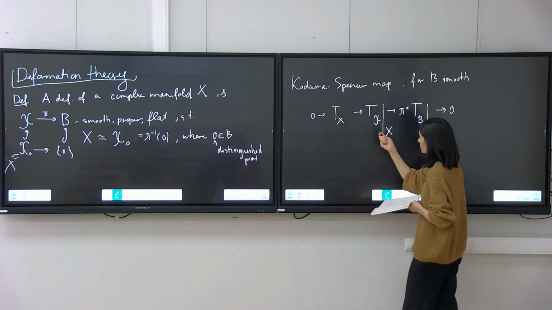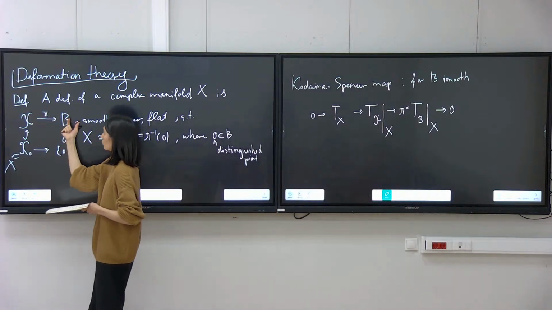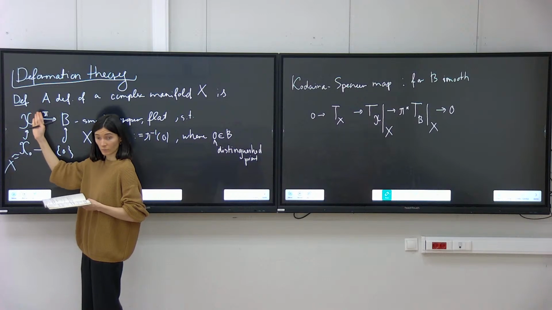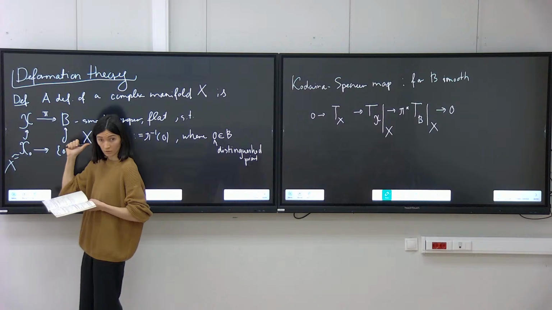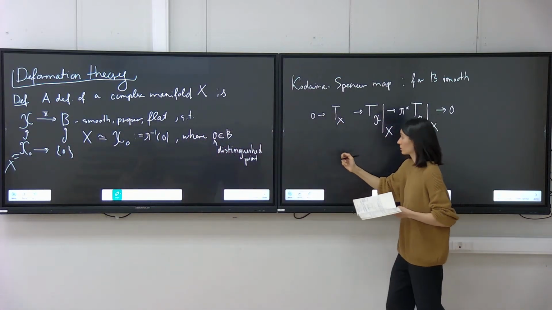Right? So it's a very geometric picture. We have a tangent bundle here. We pull back the tangent bundle from the base, and if we restrict this map to our fiber X, what we will obtain here will be the tangent bundle to X.